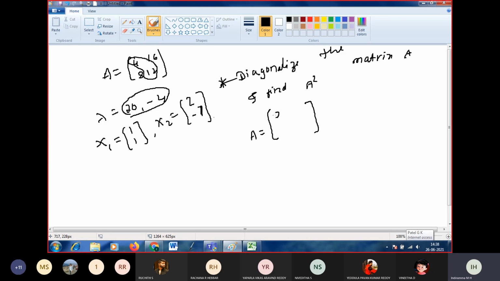Write down the matrix A: 2 1 2, 2 4 0, 0 0 6. This is matrix A. For this, diagonalize the matrix and find A square.